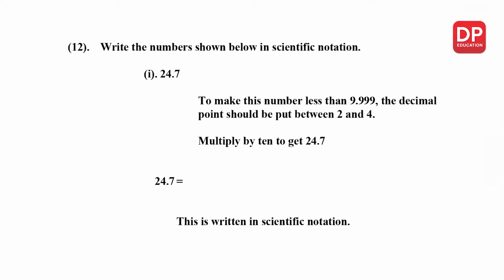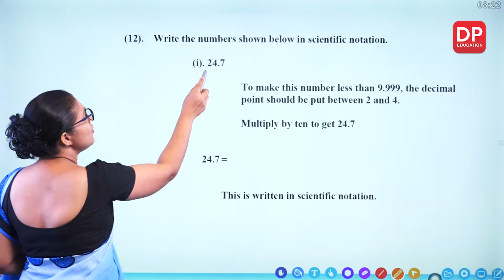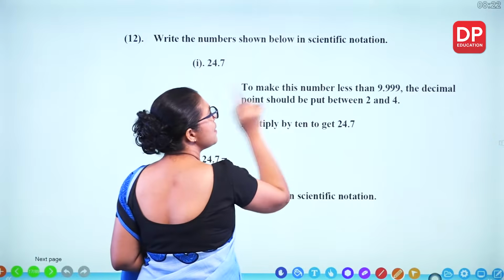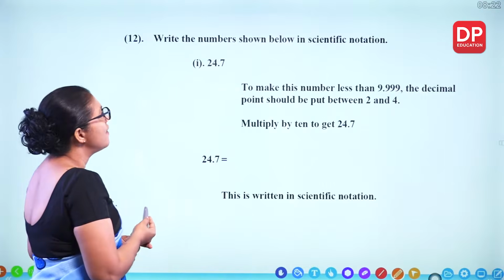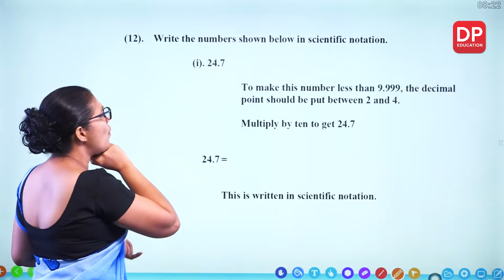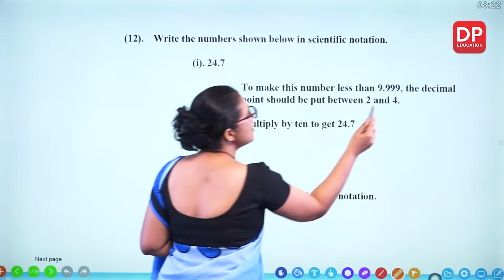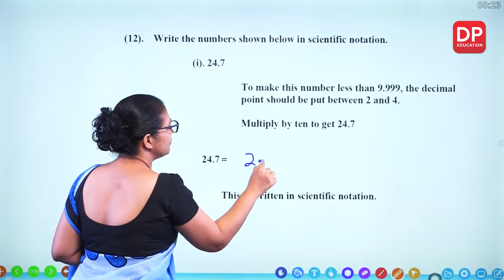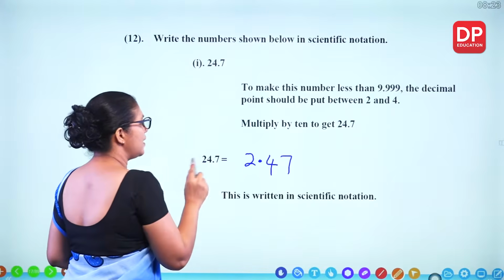Write the numbers shown below in scientific notation. 24.7. Now this is more than 10. How can we make it less than 9.999? The decimal point should be put in between 2 and 4. So that means 2.47 is in between.